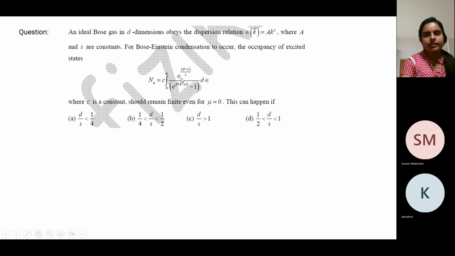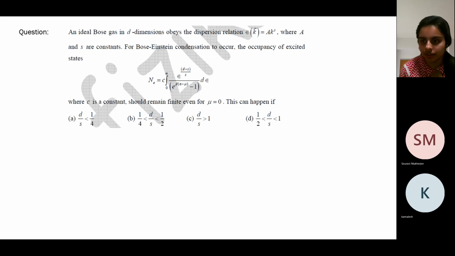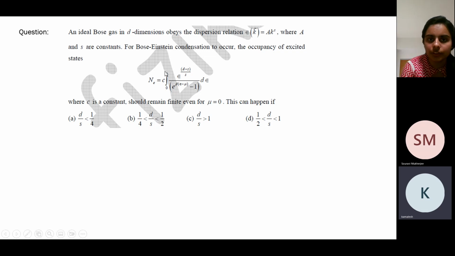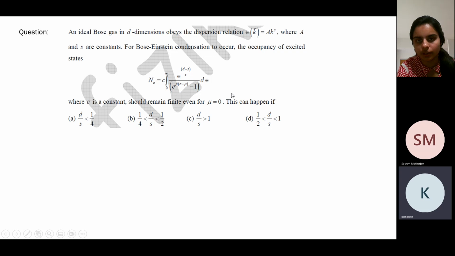In that case, if you remember how we used to solve limits, in a 0 by 0 form we used to take derivatives, right? Like till we get a finite value of the limit. That is L'Hopital's rule. If you do that, you have to do d minus s by s times the differentiations, and below also you would similarly do the differentiations.